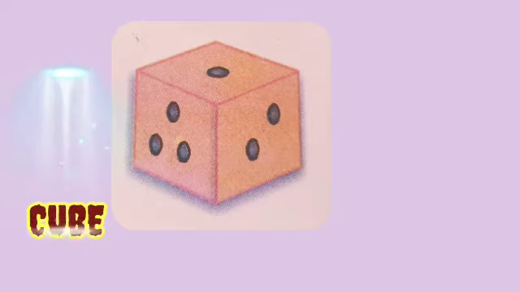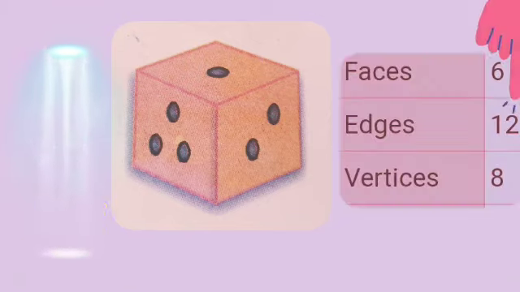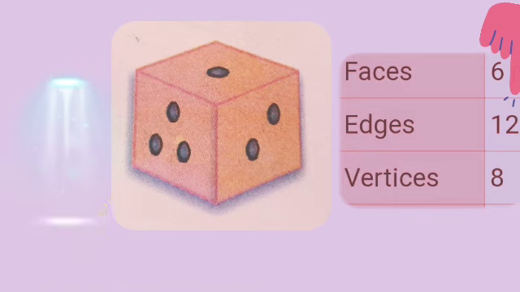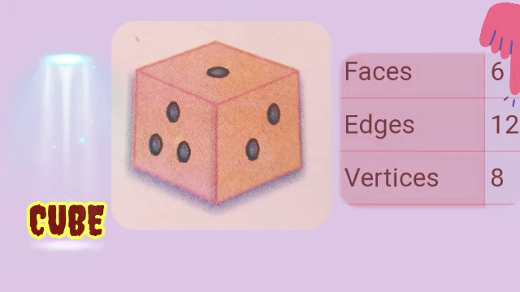A cube is a solid with 6 faces, 12 edges and 8 vertices. In our day-to-day life, we can see the dice, which is an example. Ice cube is another example.